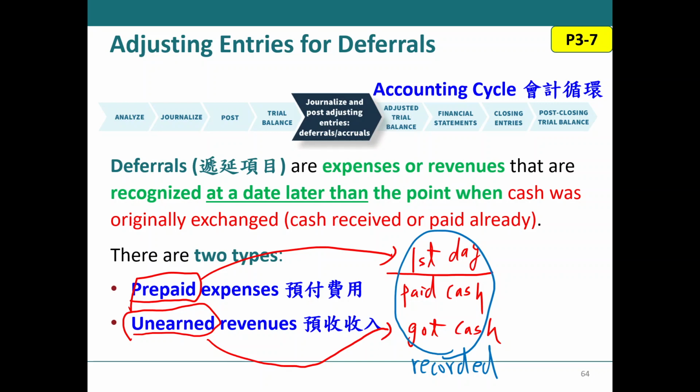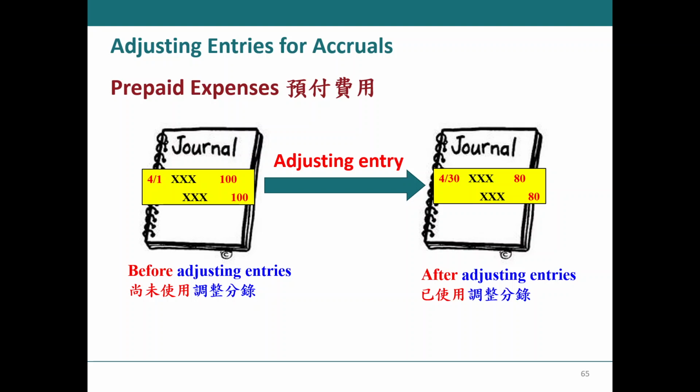When you look at your accounting books, could you find the related records? Yes, you did. When I look at my accounting books, on the first date, have I recorded the transactions? Yes. Do you know what the journal entry is? What's the debit and what's the credit we use to record prepaid expenses, like insurance? On the first date, what's the journal entry we use to record it?